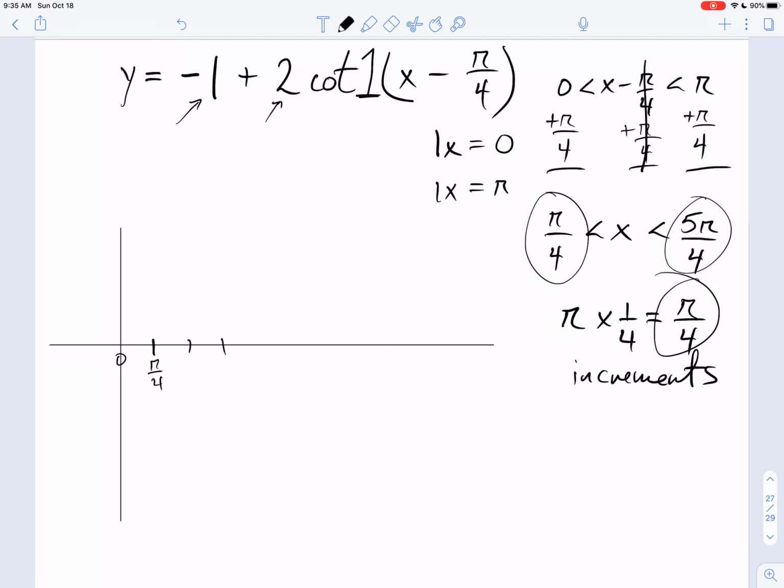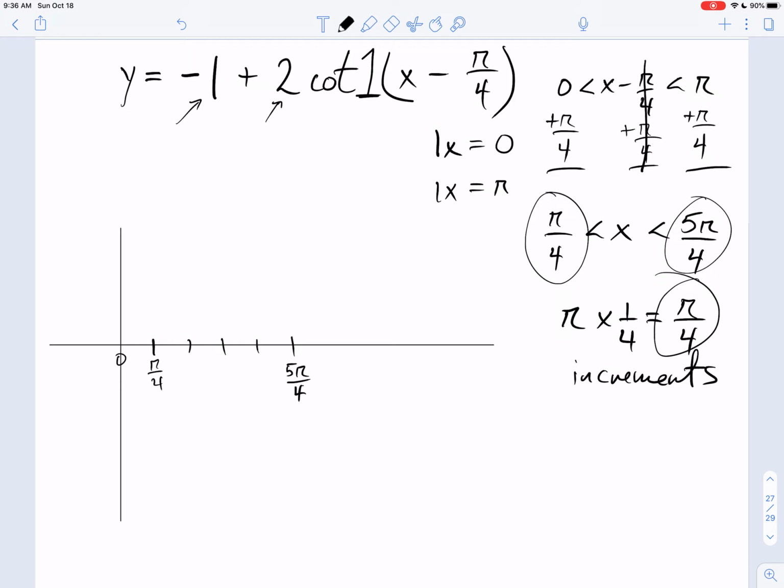That'd be 3 pi over 4. 4 pi over 4. 5 pi over 4. And I'm just going to stop and look at that for a second because that's going to be my asymptote, asymptote, 1, 2, 3.